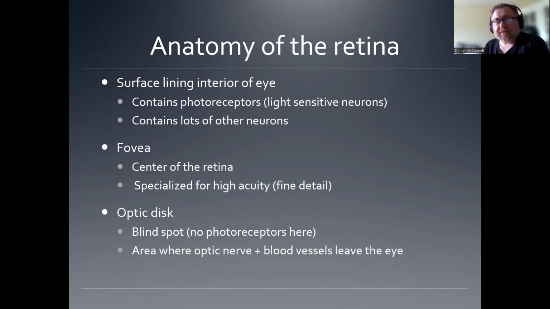And at the very center of the fovea is an even more specialized region called the macula.